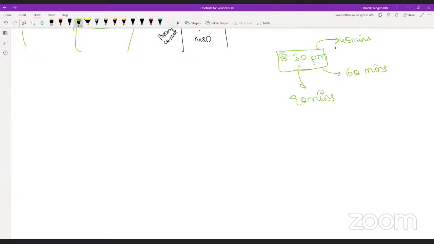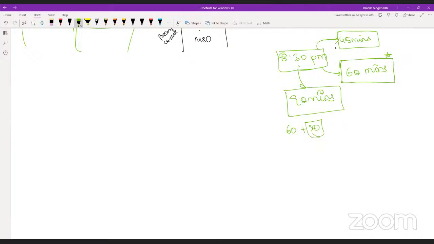But from my end, I will try to make sure that my classes do not exceed 60 minutes. I'll try to ensure that we end in 45 minutes itself, but if the problem is exceeding, we will not go beyond 60 minutes. If it is becoming like 90 minutes, I will do 60 minutes today and the remaining 30 minutes in the next class.